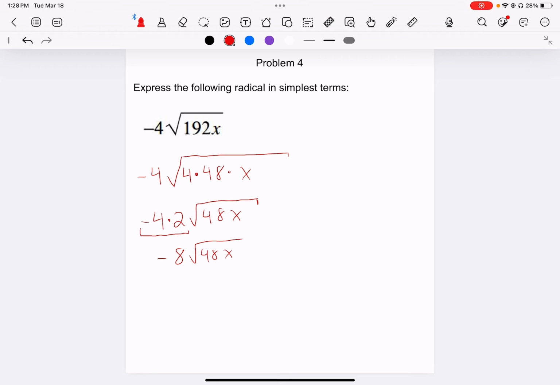Now I can simplify 48 even more. 48 I can split up into 16 times 3, and then the x is going to stay. Now I have negative 8, radical 16 is 4, and then I keep the radical 3x. Negative 8 times 4 is negative 32, radical 3x.